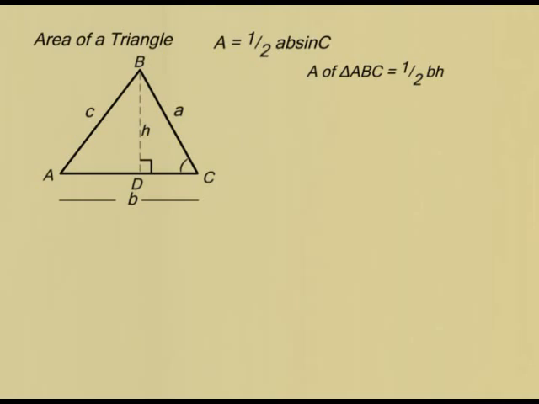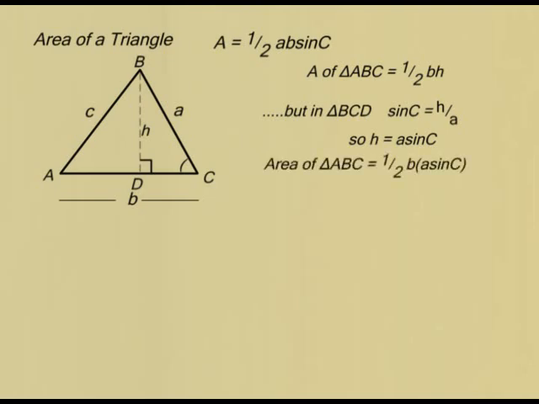But then, in triangle BCD, sin C is equal to h over a, where a is the length of BC. This means that h is equal to a sin C. Substituting h in the formula area is equal to a half base times height will give us area is equal to a half b into a sin C, or simply area is equal to a half ab sin C.